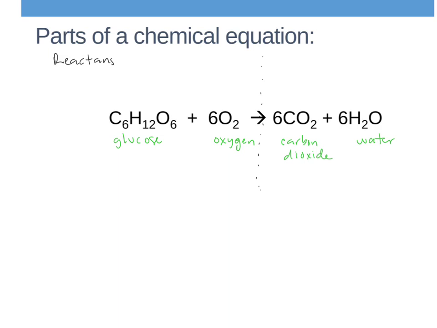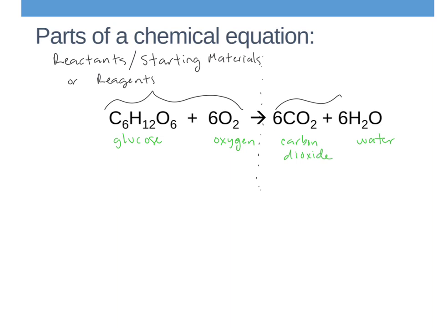It's also sometimes called the starting materials, or even the reagents. So there's three names for the left-hand side stuff. The right-hand side stuff is just called the products. It's the stuff that is produced from this transformation. So the products, nice, easy, just one word.